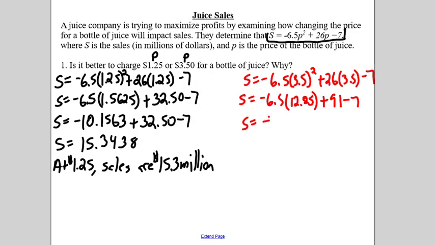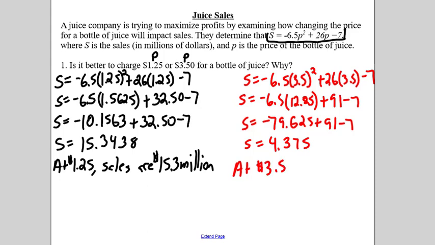So I get negative 79 and 625 thousandths plus the 91 minus 7. And when I combine all 3 terms, I end up at 4 and 375 thousandths. That means that at $3.50 a bottle, sales are only about 4.4 million.